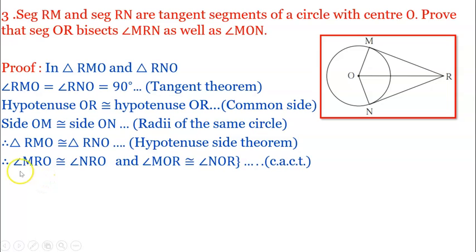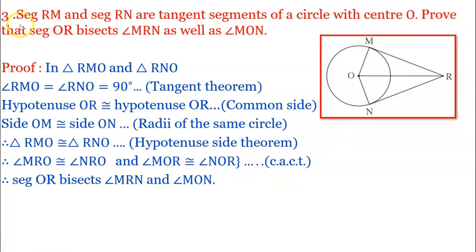And again, angle MRO is congruent to angle NRO, and angle MOR is congruent to angle NOR, by CPCT. And therefore segment OR bisects angle MRN and angle MON.